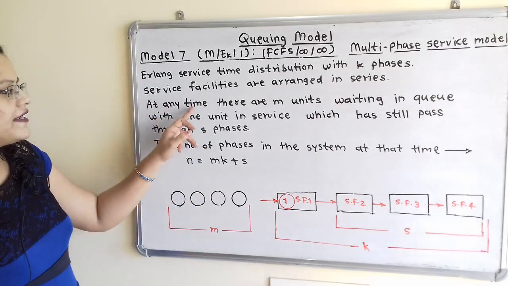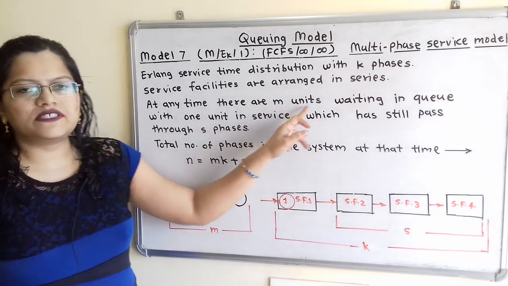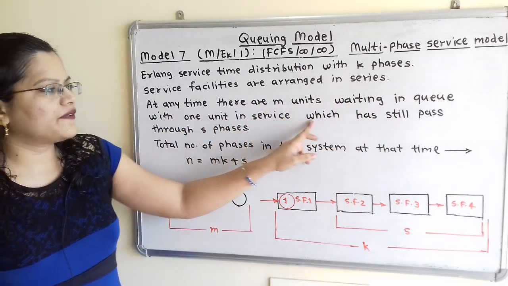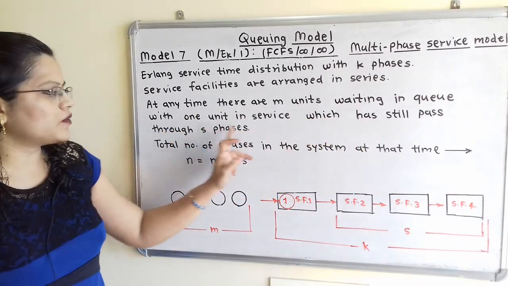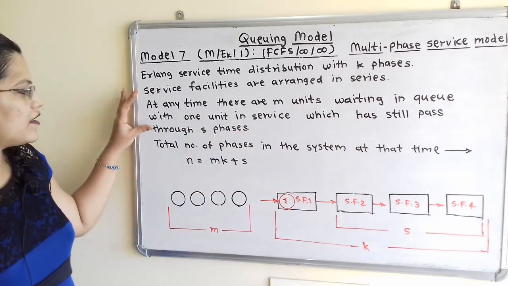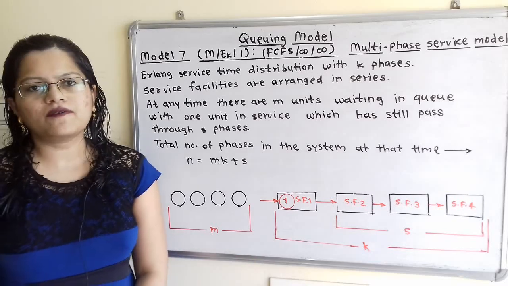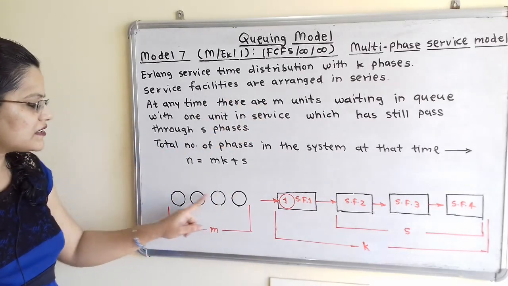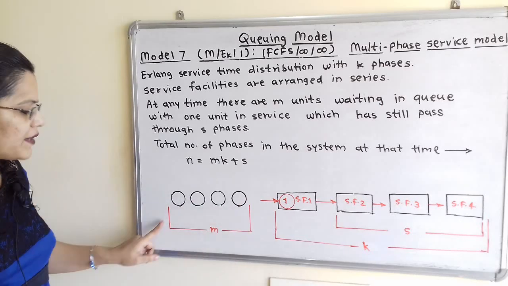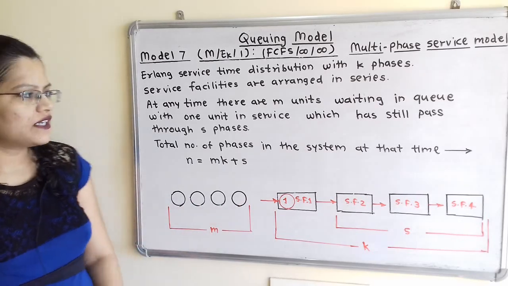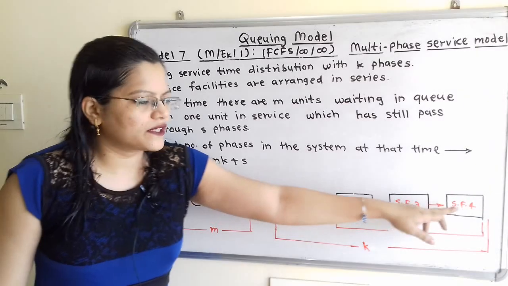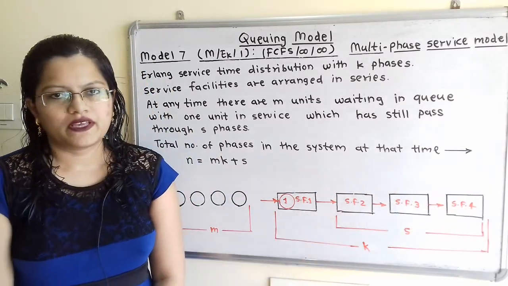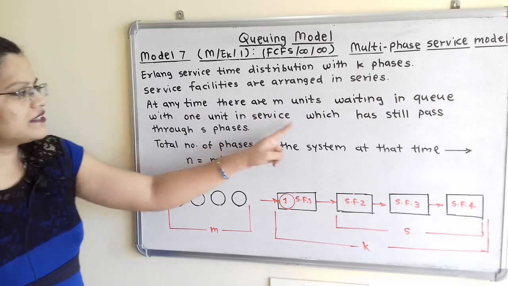Suppose at any time there are M units waiting in queue with 1 unit in service which has still to pass through S phases. Now we will understand this statement with the help of this diagram. So this is the queue and these are the M units waiting. There are a total of 4 service facilities, that is K is equal to 4, and 1 unit is taking service.